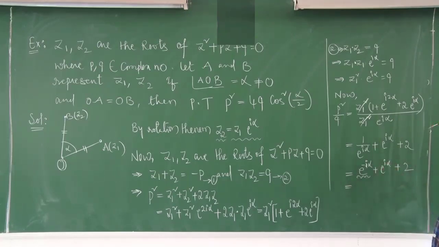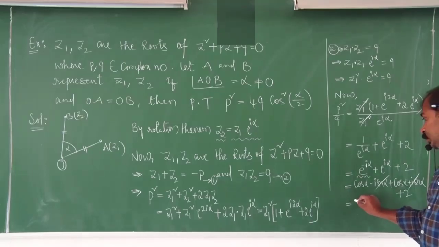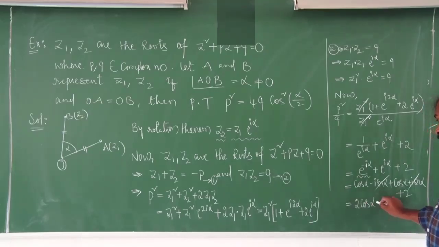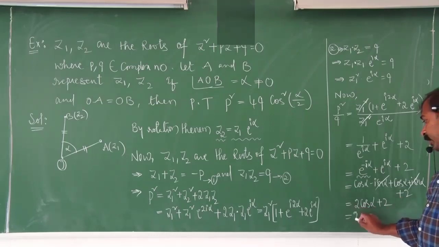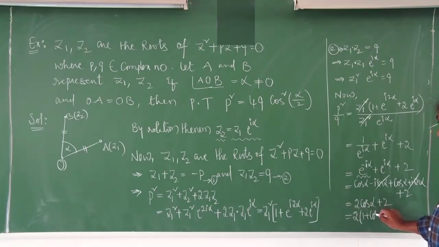What is this value? E power minus i alpha means cos alpha minus i sin alpha, plus e power i alpha is cos alpha plus i sin alpha, plus 2. These two get cancelled. Cos alpha plus cos alpha, 2 cos alpha. So 2 cos alpha plus 2. If I take 2 common, 1 plus cos alpha. What is the formula for 1 plus cos alpha? 2 cos square alpha by 2.